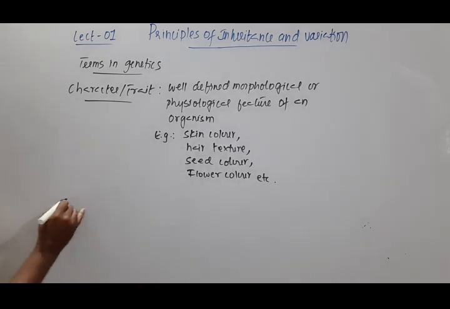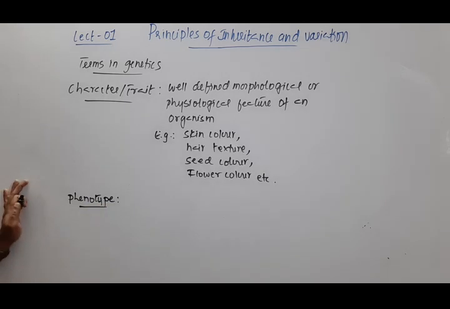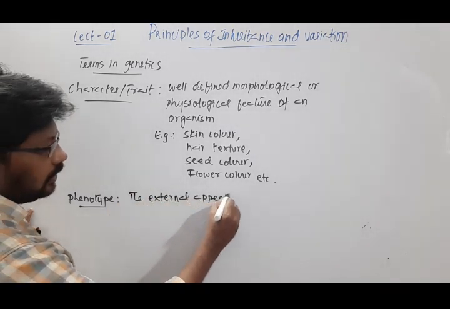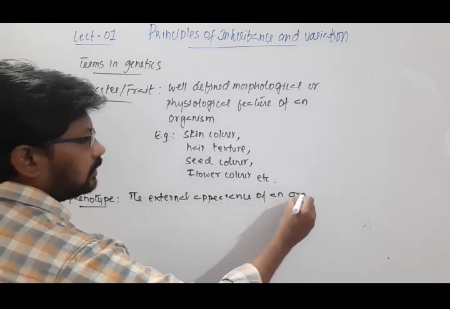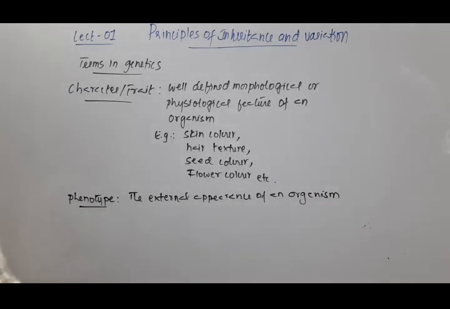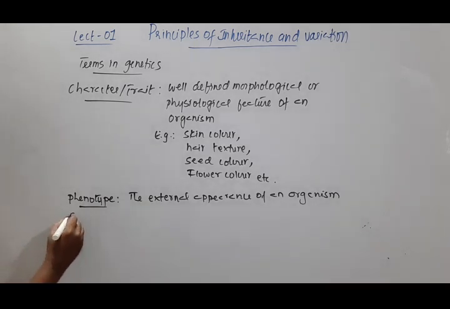The next one, we'll see what actually is phenotype. I will be frequently using this word, phenotype, in this chapter. Phenotype is the external appearance of an organism. How it is seen on the outside is the phenotype. And one more word that we will come across very frequently, genotype.